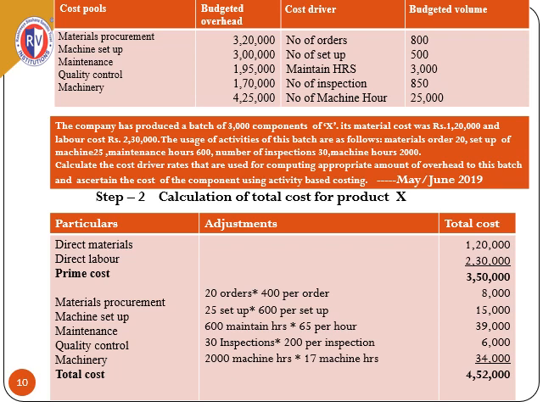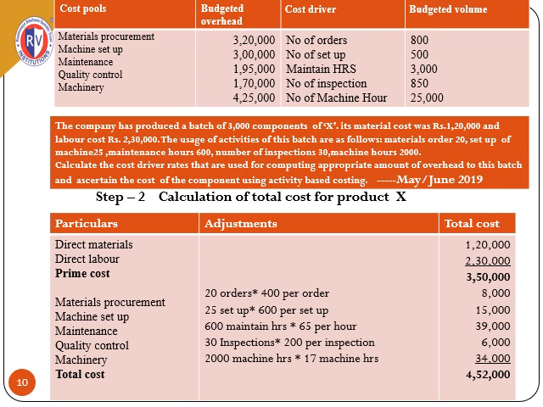We are calculating the cost of product X, so we need to take the number of drivers connected with product X. Note down the different types of drivers and the number of drivers for each activity, then multiply with the rate per driver which we calculated in the previous slide. So total number of drivers into rate per driver will be the cost of that particular activity.